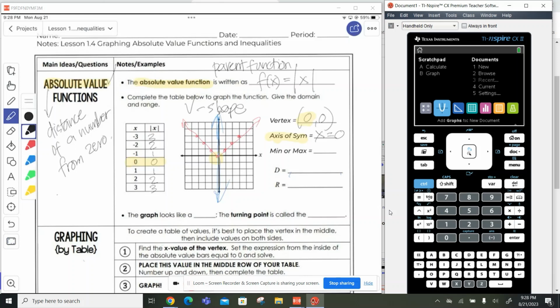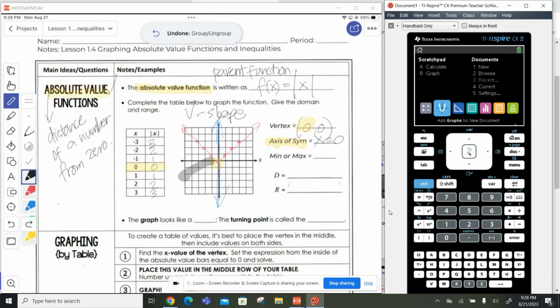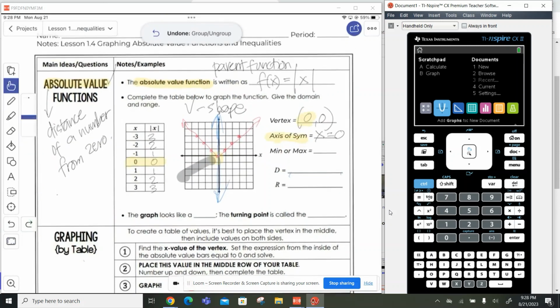Now, is it a minimum or a maximum? Min means minimum, and max means maximum. Let's look at the vertex. Is the vertex the lowest or the highest point of the graph? In this case, our vertex is the lowest.